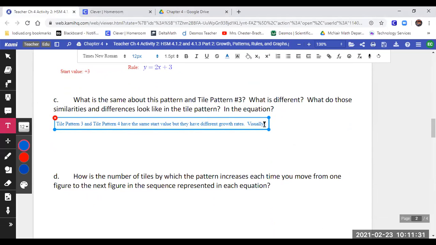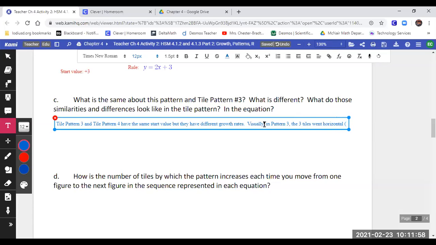Visually, in pattern 3, that should be a comma. The 3 tiles went horizontal. Okay. What's another word for horizontal?